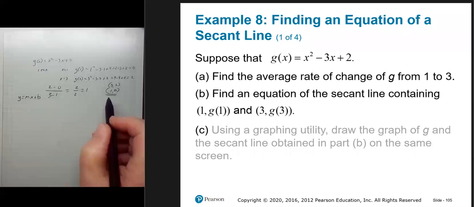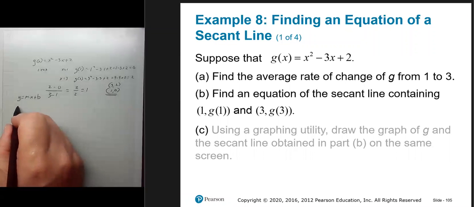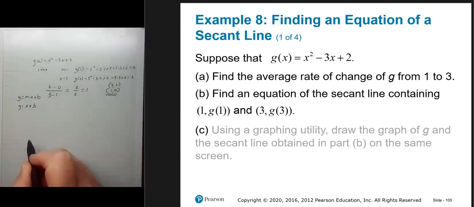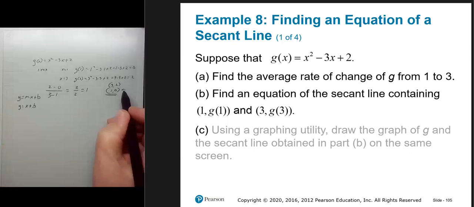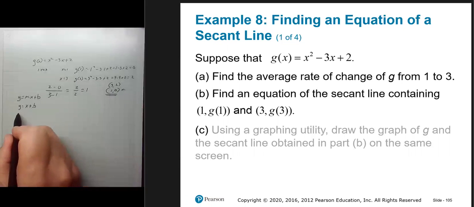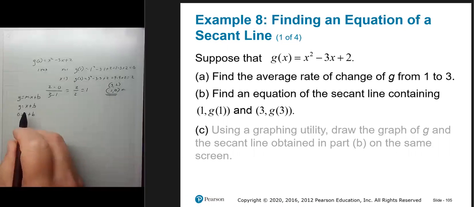So the slope we got was 1, so that's what m gets replaced with. So this is y equals 1x plus b. I actually have 2 points, but I'm going to use this point, 1, 0. The y value is 0. The x value is 1. And what do I add to 1 to get 0?